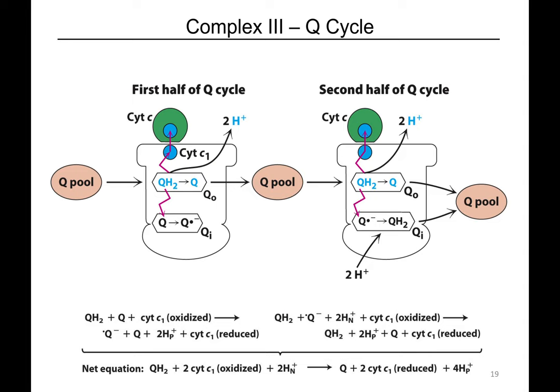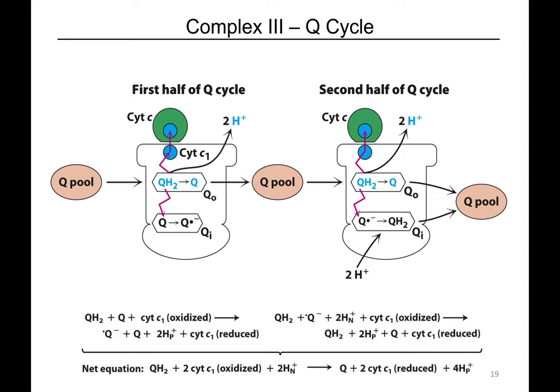The other one is passed down to the QI site where it does a single electron reduction of the coenzyme Q in the QI site, resulting in a radical semiquinone. That radical stays in the QI site. The oxidized coenzyme Q then leaves, and a reduced coenzyme Q comes into that QO site.